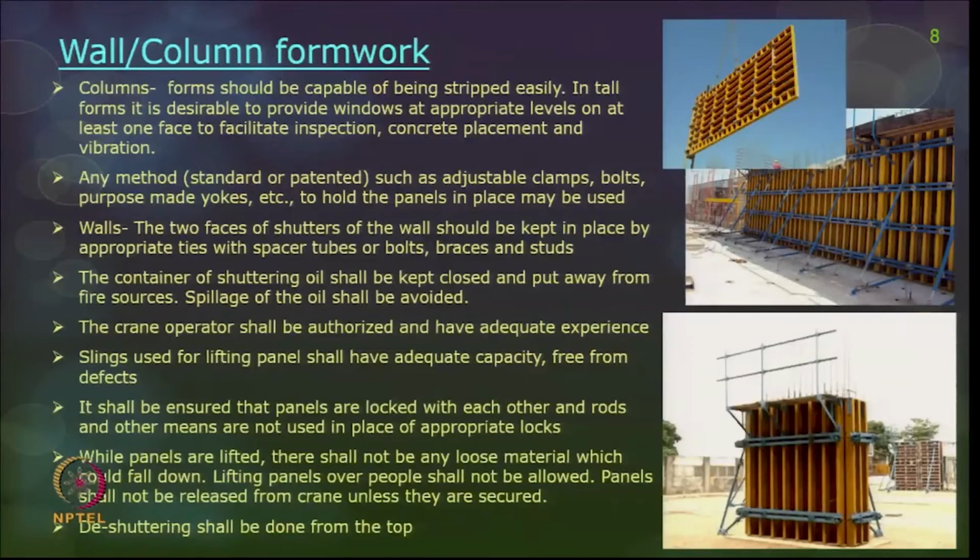And the crane operator for lifting of the panels should be properly experienced and aware of how to lift the panels, which should be in the design briefs. Unless the formwork is properly designed, the lifting points should be identified there itself, and only with those places should the formwork be lifted.